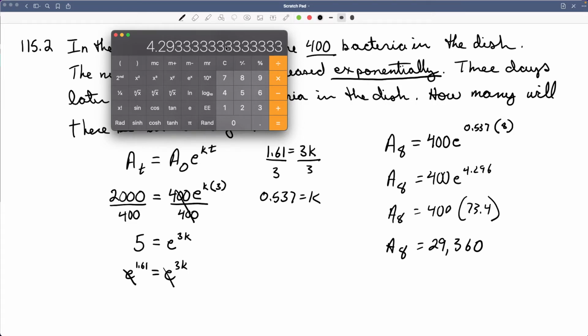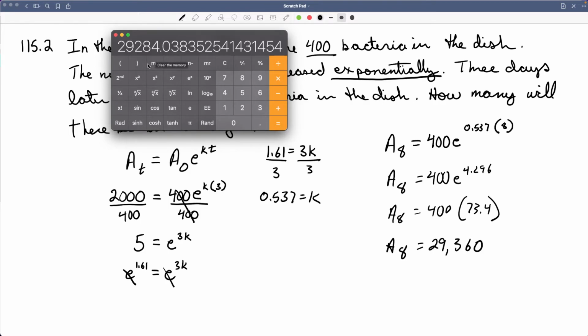All right, that gives you that constant. Notice it's a little bit different from the number we have here because we didn't round this. We kept it straight. So then when we do the inverse for that, we get a little bit different number. And then we multiply that times 400. We get a little bit different number too.